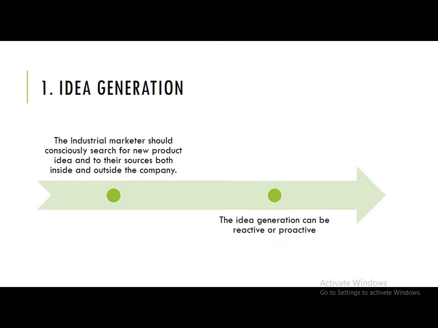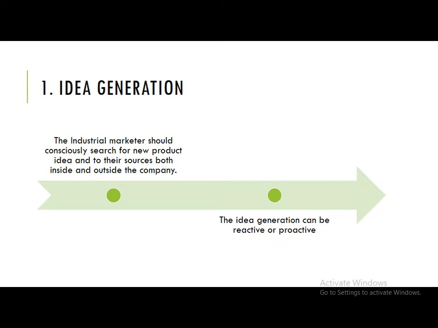An industrial marketer can get good ideas by using techniques like brainstorming and attribute listing. In the attribute listing technique, important attributes of existing products are listed. Ideas are invited from a group of employees to search for an improved product by modifying each attribute.